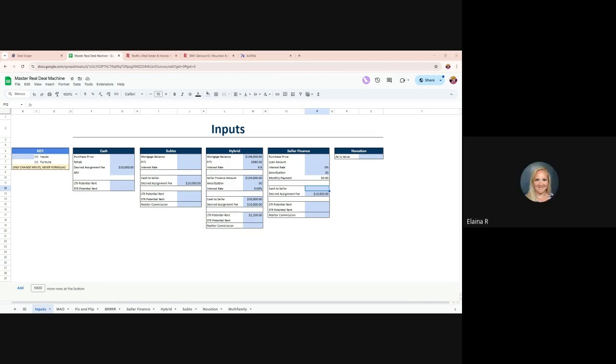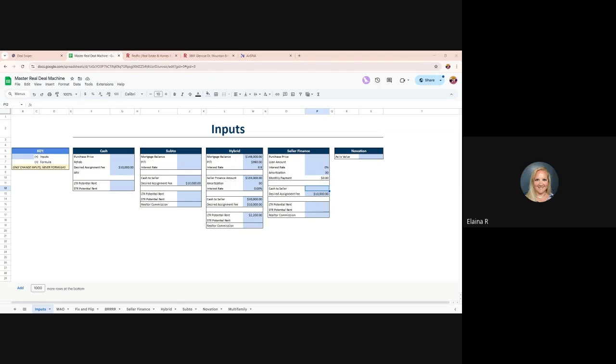Because I have one right now where they're wanting a $53K down payment, and I believe it's like a 5-year balloon or something, and the payments are over $3 grand. Whoa, so what's the purchase price? I believe this one is 400.